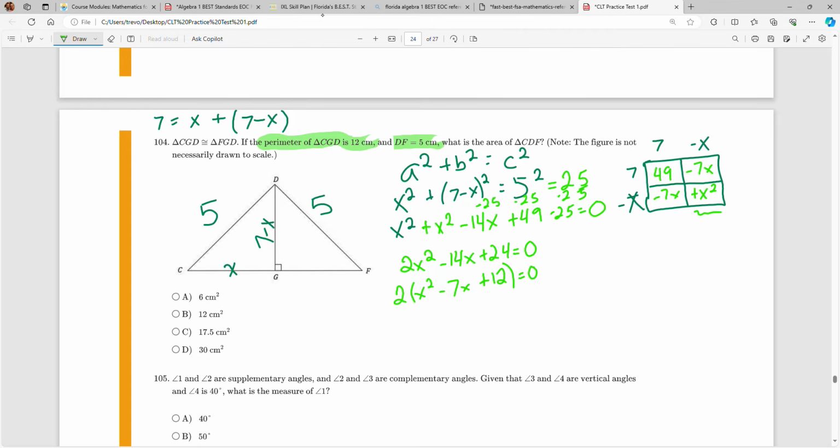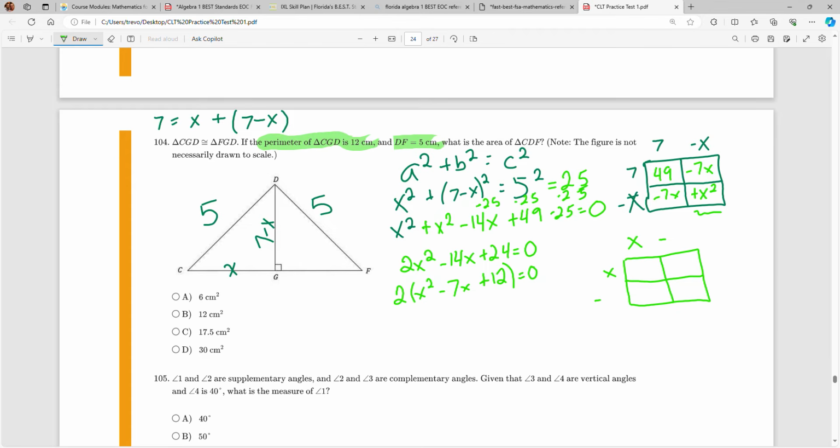And now I can factor this. I know it's x and x, and it looks like two negatives. So two numbers that add up to 7 and multiply to 12.